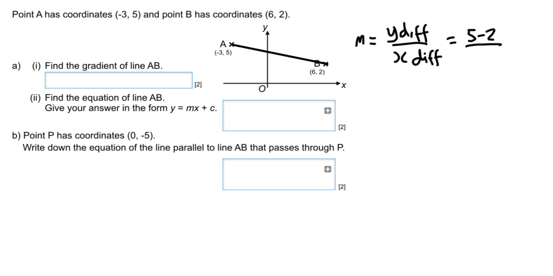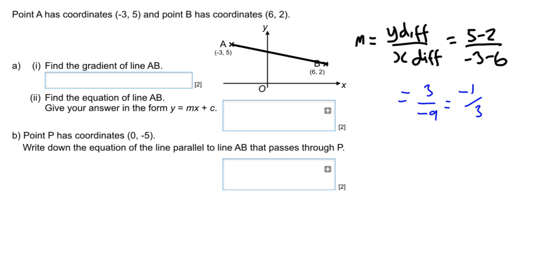That should be -3 take away 6. And I'm going to work that out. Now I can use my calculator for that. It's not a problem to do that. And if I put that into my calculator, that's 3 divided by -9, and that is -1/3. So my gradient is going down. It's not going down very steeply. It's a shallow gradient, and there we go.